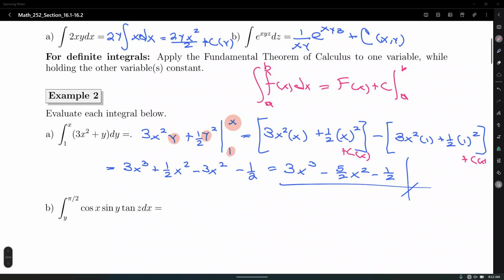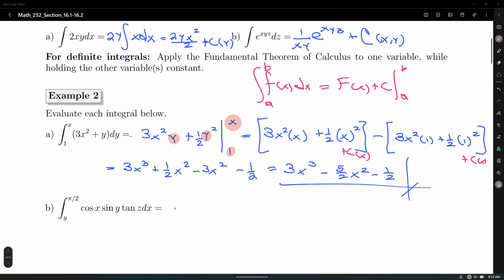Okay, so for part B, we're asked to evaluate the integral from y to pi over 2 of the function cosine x sine y tangent z with respect to x. So that means we're integrating with respect to x, and everything not containing x we take as a constant and take outside.